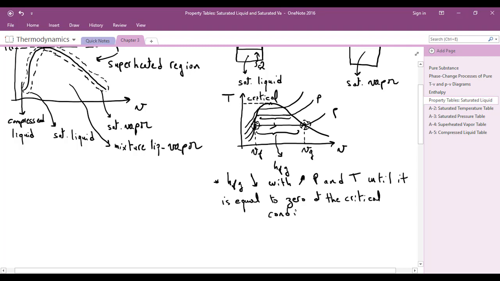So the energy required to convert from saturated liquid to saturated vapor will decrease when we increase the pressure and the temperature.